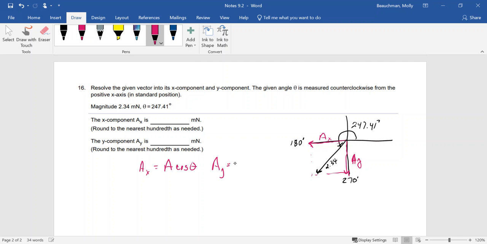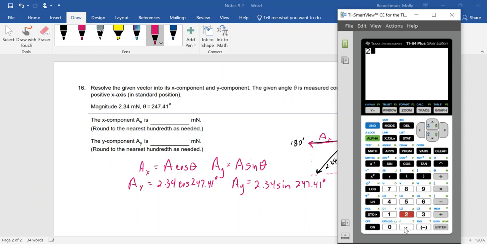The y component is the length of vector A times the sine of the angle. Substitute our values in: 2.34 is the magnitude times the cosine of 247.41 degrees. For the y component, we take 2.34 times the sine of 247.41 degrees. And notice our vector is in the third quadrant, so our x and y components should both end up being negative.